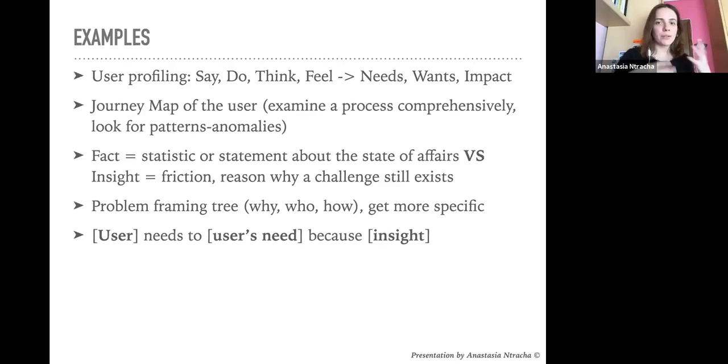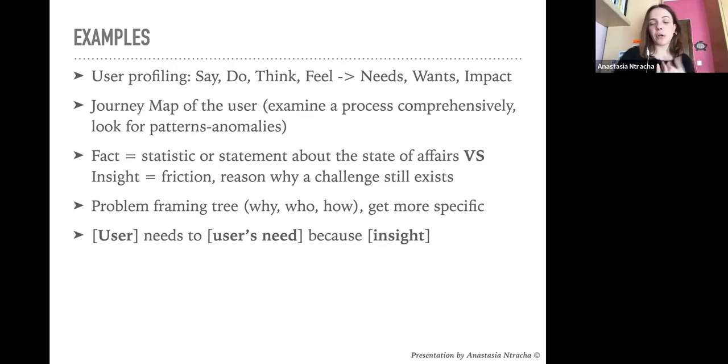Sometimes needs and wants are very different things, and what kind of impact I want to have in her life. So once I've done this user profiling, I can see some patterns emerging on what are the total user's needs and wants. And taking a next step, I'm mapping their journey.